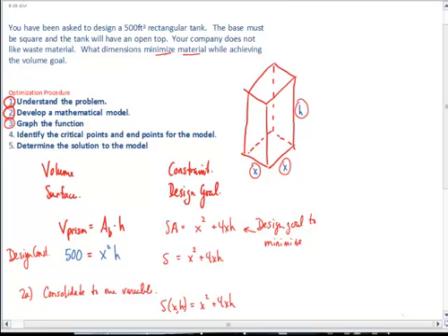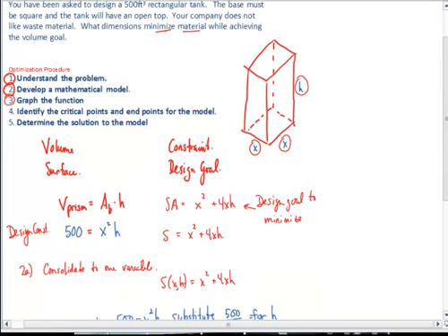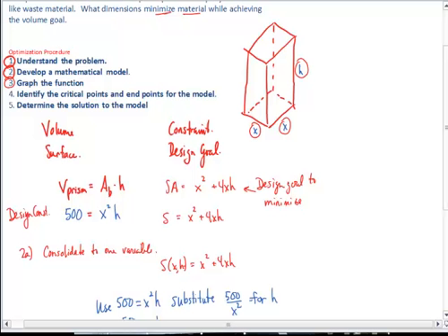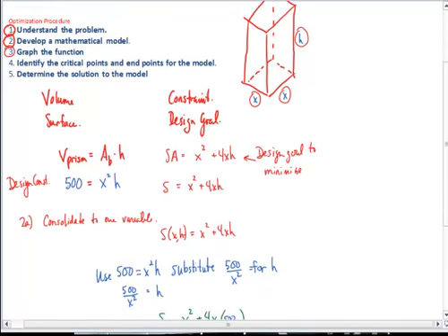Okay, well, we're back, and hopefully you identified that since the surface area was a function of two variables, we're going to make a substitution using our constraint, and that's where we're going to let 500 equal x squared times h. That's from the volume constraint, and we solve for h, and h is equal to 500 over x squared.